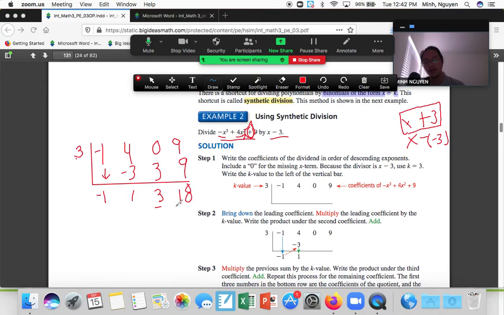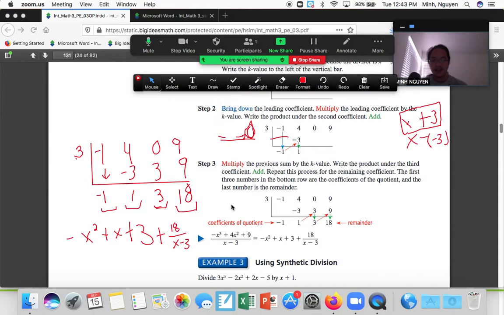So this is my remainder, 18. I have 3, I have x, and I have negative x squared. So negative x squared plus x plus 3 plus 18 over x minus 3.